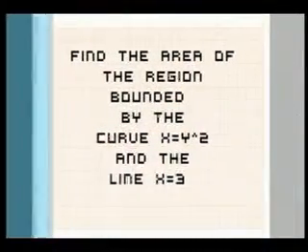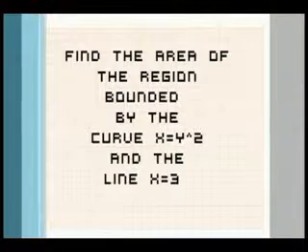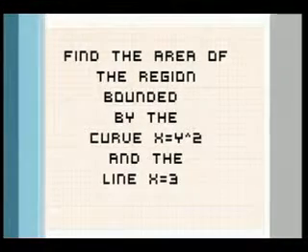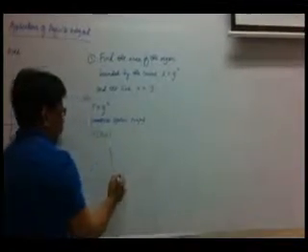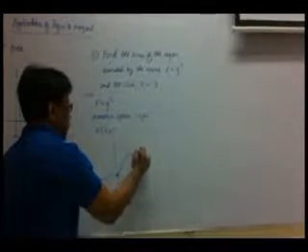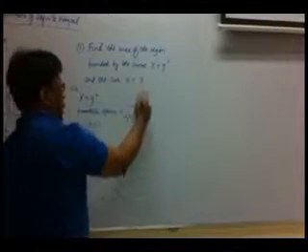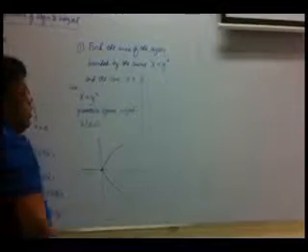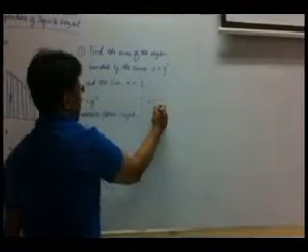Find the area of the region bounded by the curves x equals y squared and the line x equals 3. So let us now have this sketch. So 0, 0, then it opens to the right. Then we have another curve that is the line x equals 3.